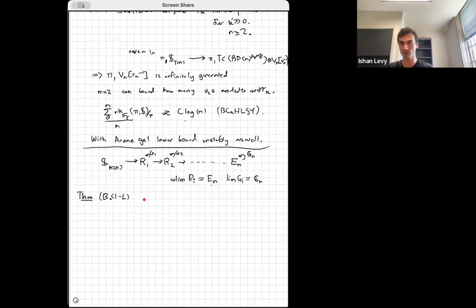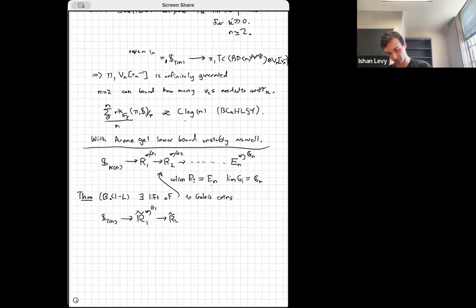So more precisely, what we show is that, similarly to how we have this tower Kn locally, there exists a lift of this tower to Galois extensions. So you start with the Tn local sphere, and there's some R1 tilde, which is a finite Galois extension with the same Galois group.